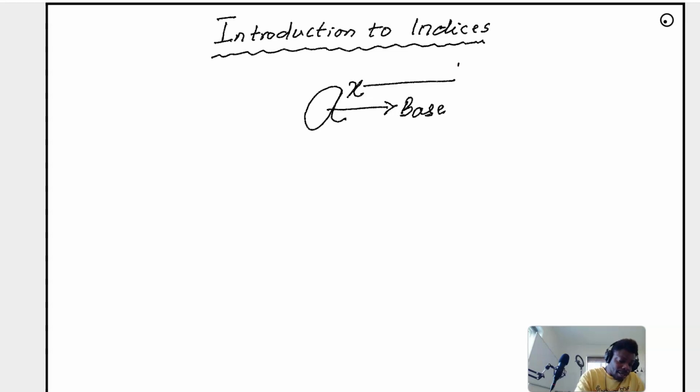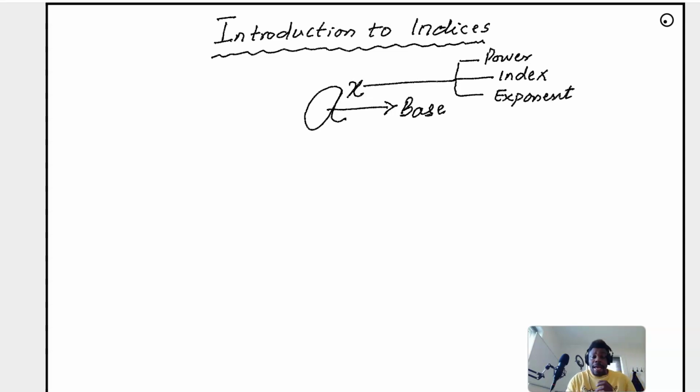Your x here can be called the power, can be called the index, and can also be called the exponent.